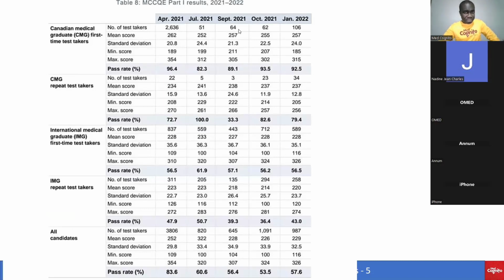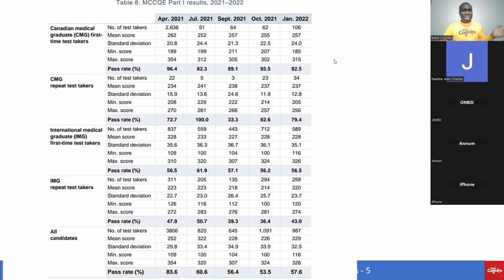But I wanted to let you know what is happening. Many of you on the call are IMGs. You realize here that the average score among Canadian medical graduates is 262, 252, 257, 255, 257. I'm telling you for a fact, everybody who is getting above 250, at least, will get an interview.